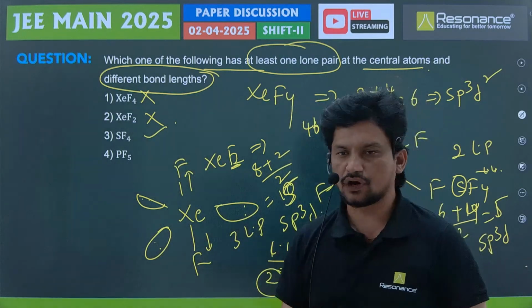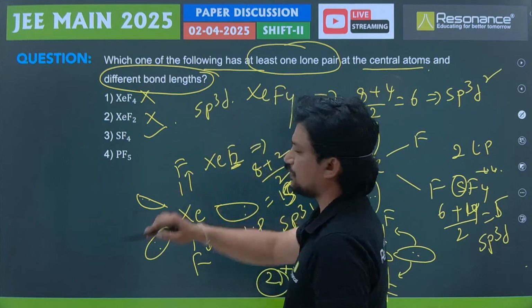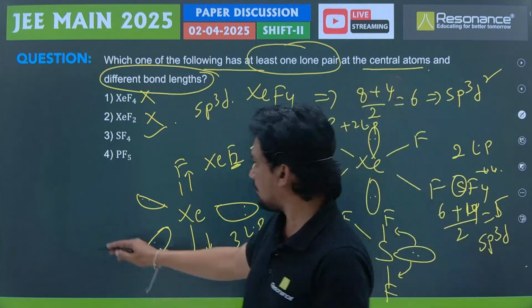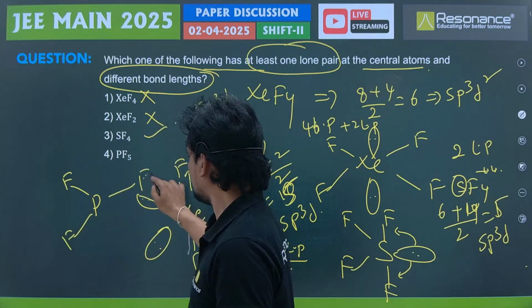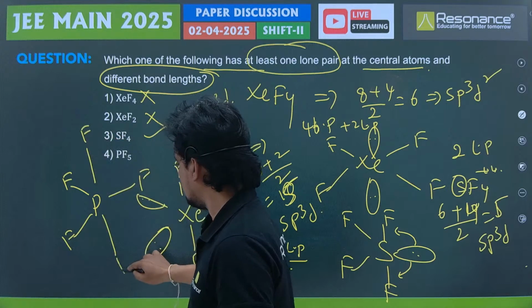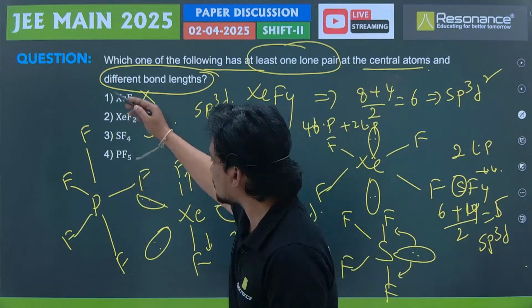Let us check one more option. PF5. What is the hybridization? sp3d, trigonal bipyramidal. Axial bond lengths are more than the equatorial bond lengths. It has 2 different bond lengths.